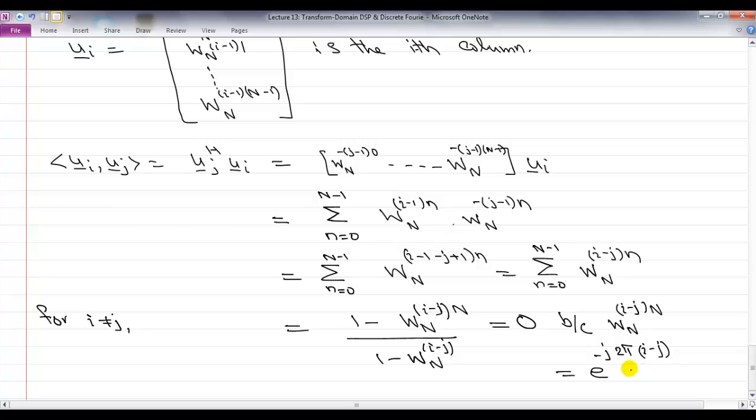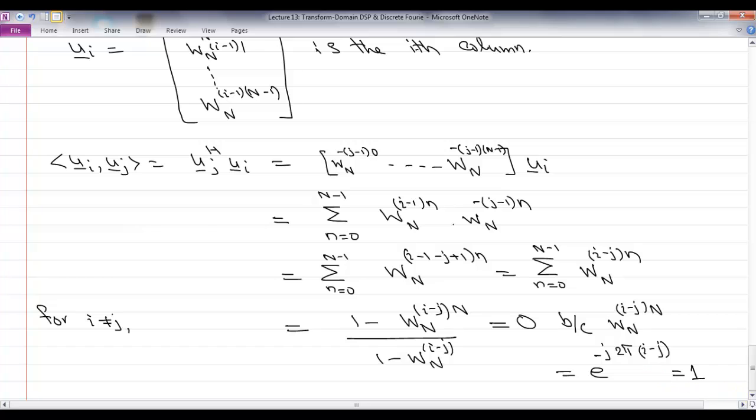So we have e to the minus j 2 pi times an integer, because i is an integer and j is an integer. This has to be 1, and 1 minus 1 is 0. So indeed, the inner product between any two columns of my DFT is 0. So the DFT is an orthogonal transform.